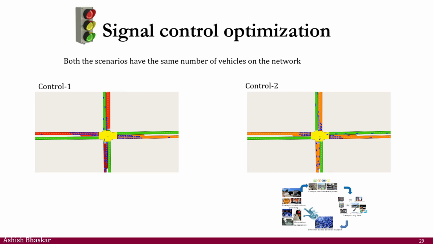Here, the order of the phases is different. You can easily see how one of the controls is performing compared to the other one. The phase combinations are different, but there's no change in the demand at all. So one of them is not performing that well, whereas the other one is far more optimized.